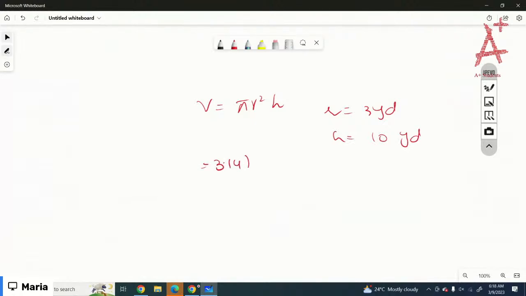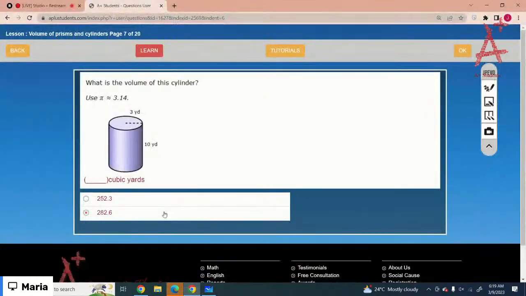Pi is 3.14, r squared is 3 squared which is 9, and h is 10. 9 times 10 is 90, and 90 times 3.14 is 282.6. Got it? That means the volume of the shape is 282.6. So the correct option is 282.6.